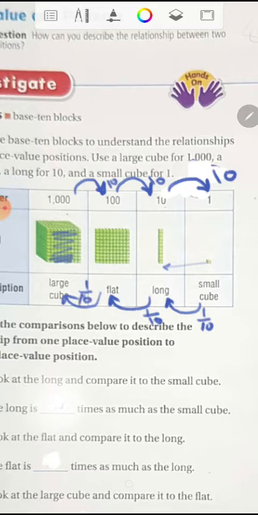Each digit, you have to understand the relationship between this digit and the digit before it and the digit after it. So any digit will be 10 times the digit before it and 1 over 10 of the digit after it.